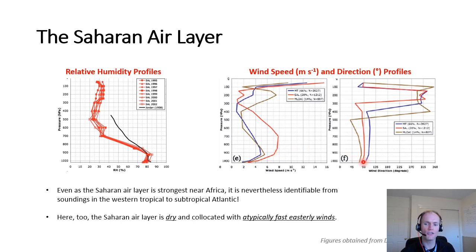But nevertheless, the wind direction here, all the way up from the surface to 300 hectopascals, is 90 degrees. It's from the east toward the west. So the Saharan air layer is typically a very dry layer with very strong winds, comparatively speaking, out of the east in the middle troposphere, roughly 900 to 600, perhaps even 500 hectopascals here.